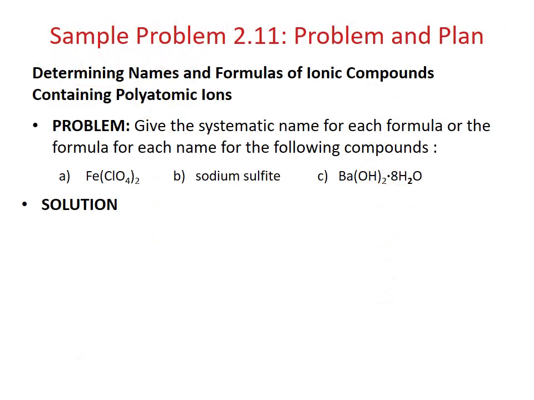Sample problem 2.11. Give the systematic name for each formula or the formula for each name for the following compounds. The first one, the cation is iron, the anion is ClO4.